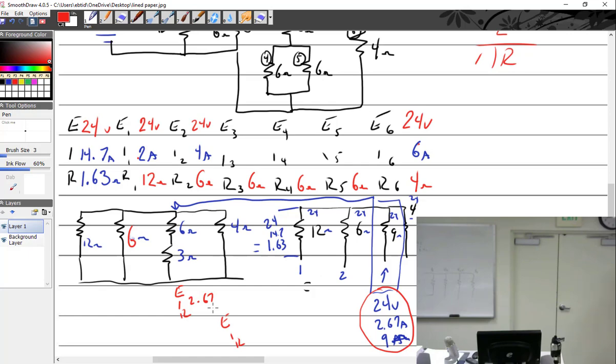So what is my total resistance? 1.63 ohms. Why? Because 1 over x, 1 over x, 1 over x. Okay. And that gives me an amperage of 14.6. And I can do that by adding it up: 2 plus 4 is 6, plus 6 plus 2.67. Does everybody agree with that?